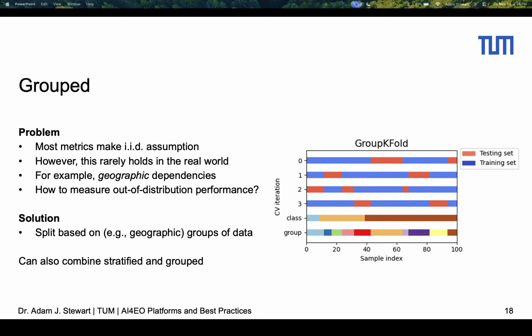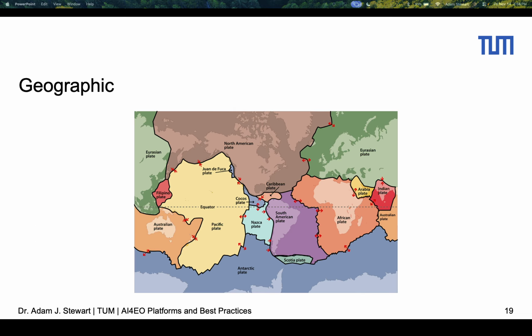So this is one example: I can split by, for example, country. This is actually from a paper I published where I was interested in plate tectonics, but I didn't want one plate to be in both training and testing. I wanted to see how well the model works on a completely different plate it's never seen before. So I actually did a plate tectonics split.